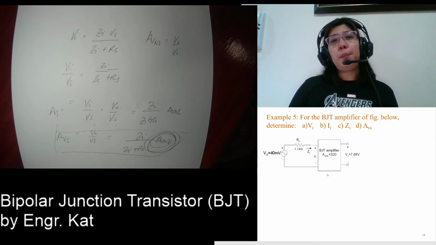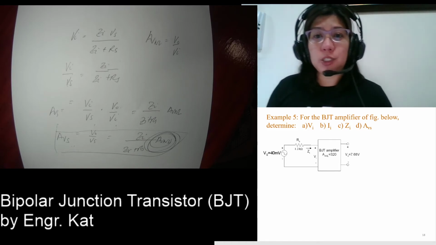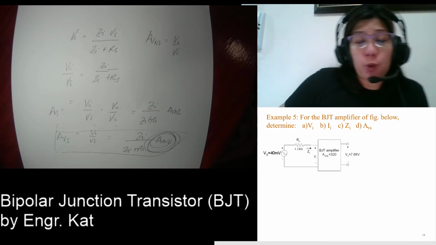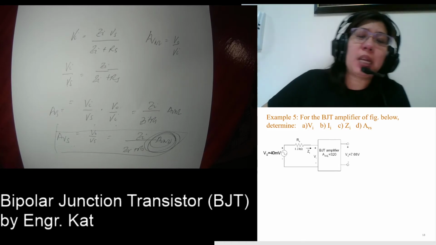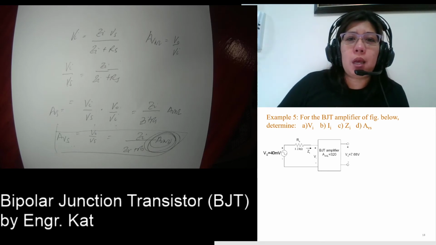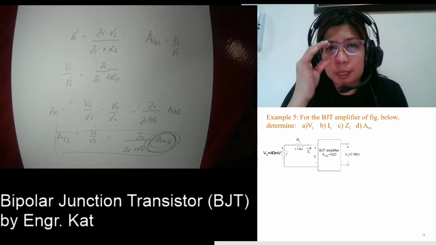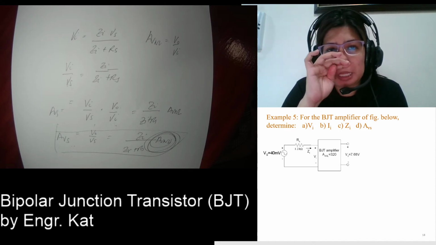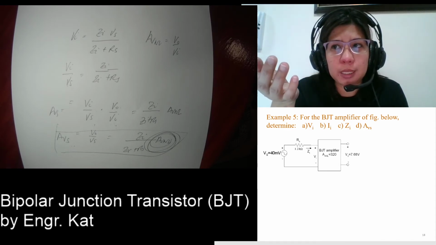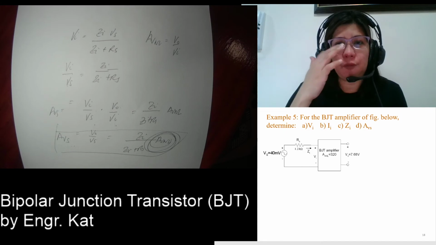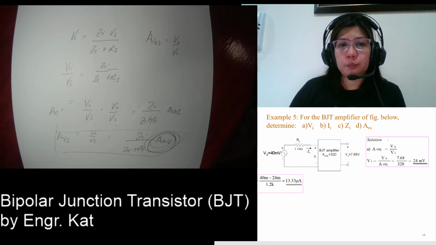This is a very simple example, just a formula. We'll just familiarize ourselves with the different parameters that we will be encountering once we discuss the AC side and the different configurations.